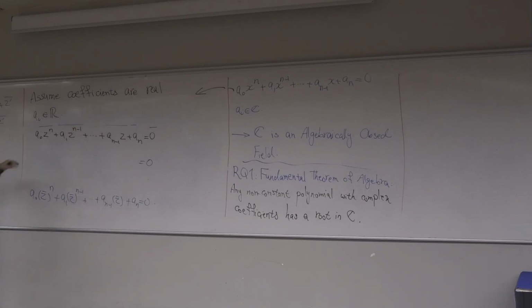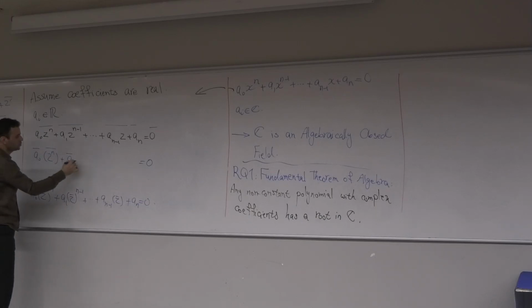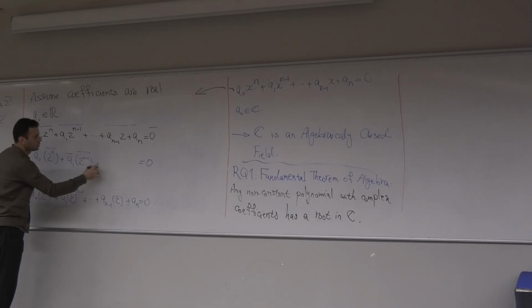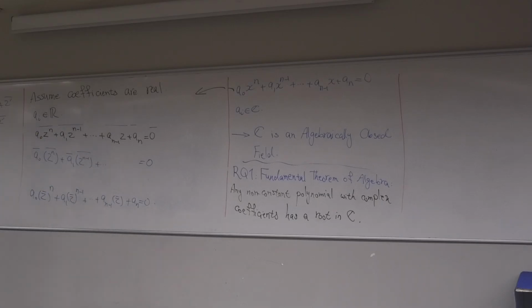Okay? Now, we have a multiplication here. What will happen to the conjugate of multiplication? We have the conjugate of this one, the conjugate of this one, plus the conjugate of this one, the conjugate of this one, and the rest. Okay?